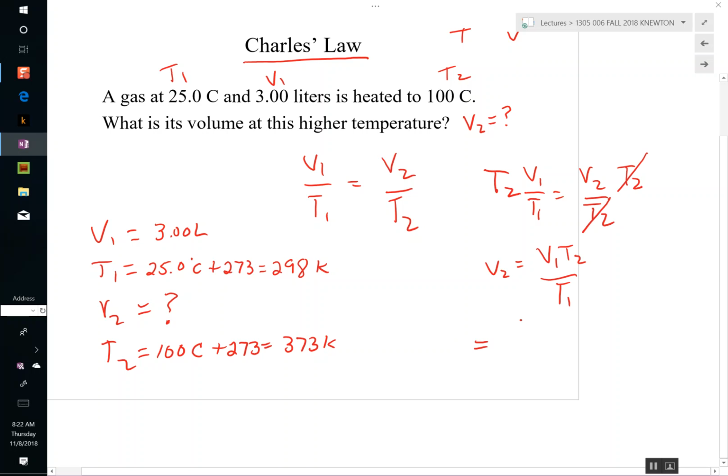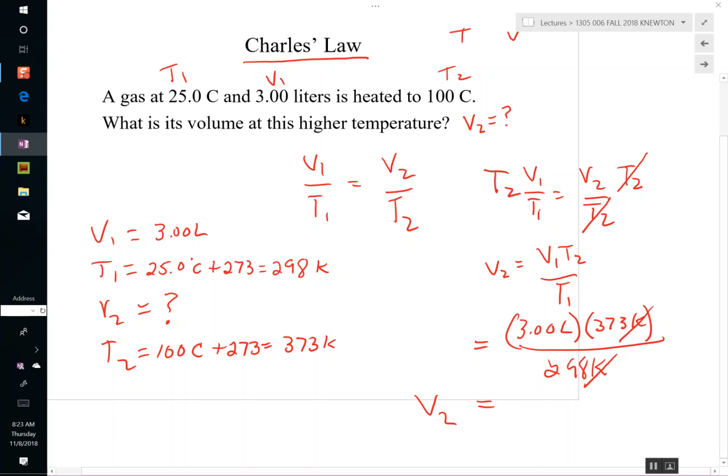So what is that? That's 3 liters times T2, which is 373 Kelvin. You need to pay close attention to get your right temperature in the right place. Divided by 298 degrees Kelvin. Kelvin is going to cross out and leave the units of liters.